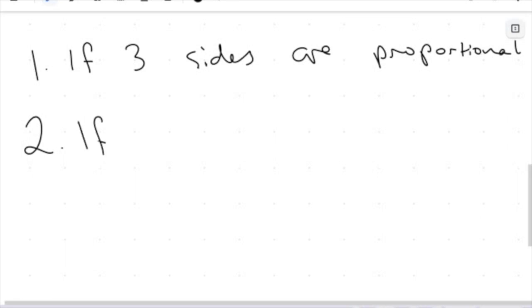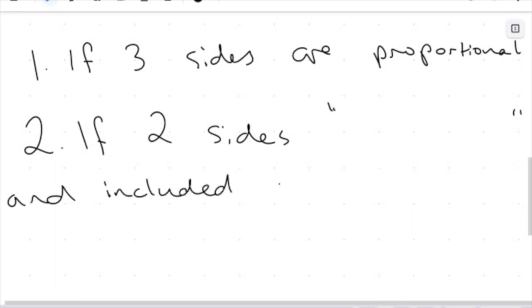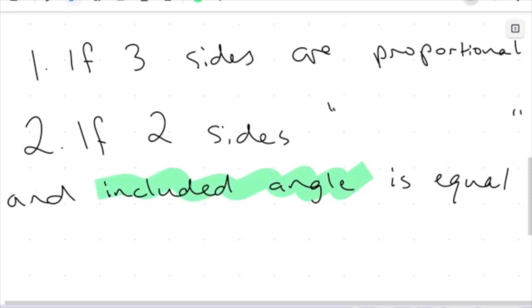If two sides are proportional and the included angle is equal. Remember, the included angle, we talked about this with congruence, is the angle in between those two sides we're looking at.